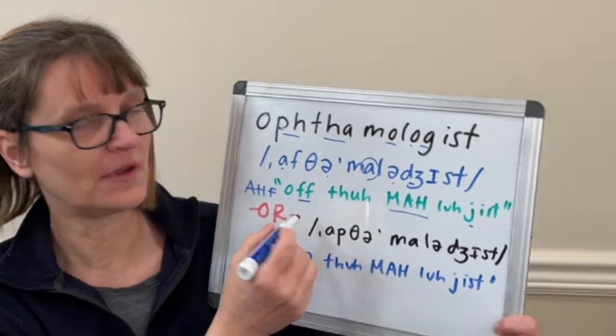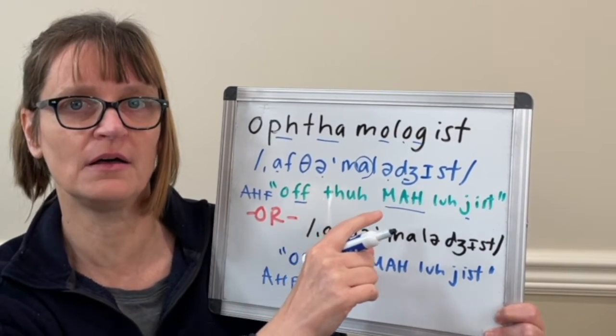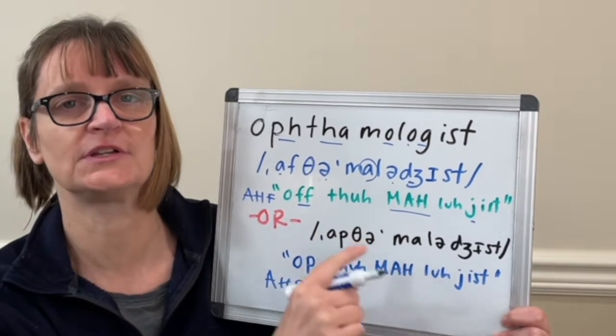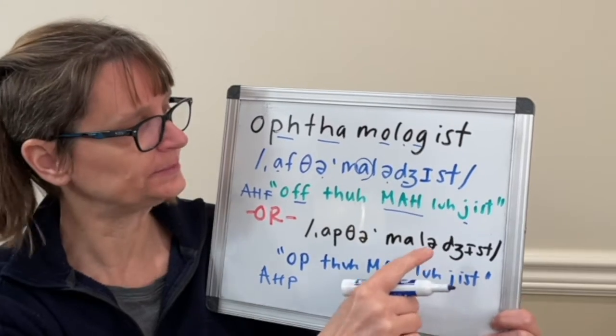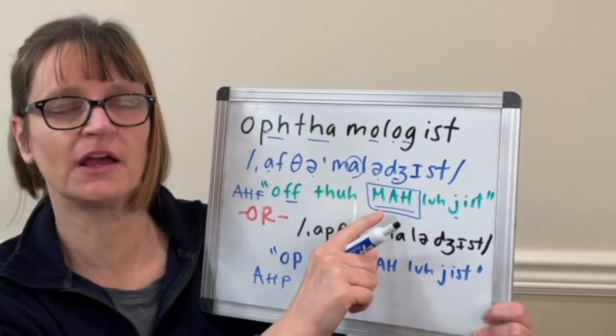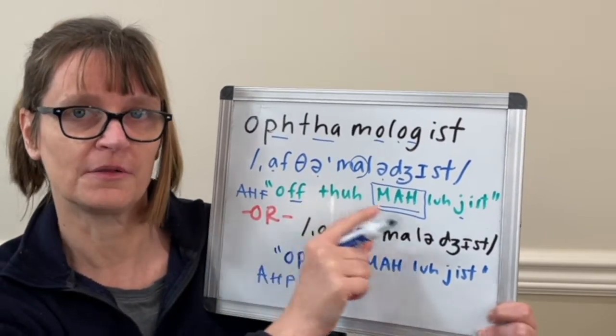So I would build this slowly, trying ophthalmologist, ophthalmologist. Another strategy is to build from the stressed syllable, just trying mologist, ophthalmologist.